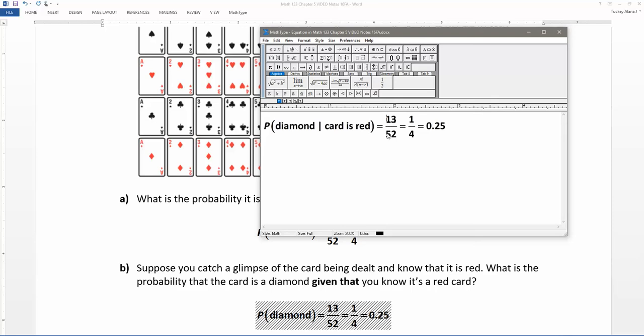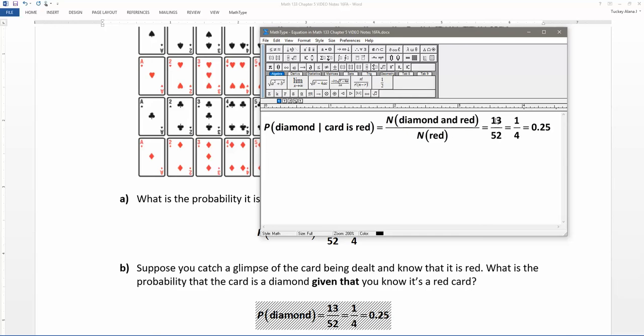Well, that's 13, divided by how many cards are red. So let me write that up. The number of cards that are diamond and red divided by the number of cards that are just red.